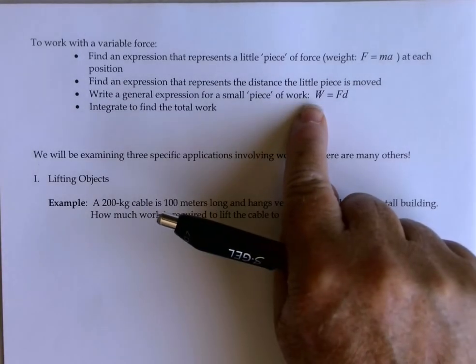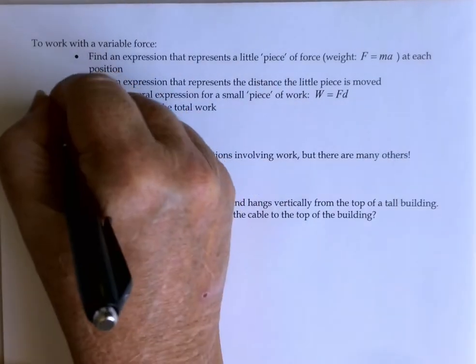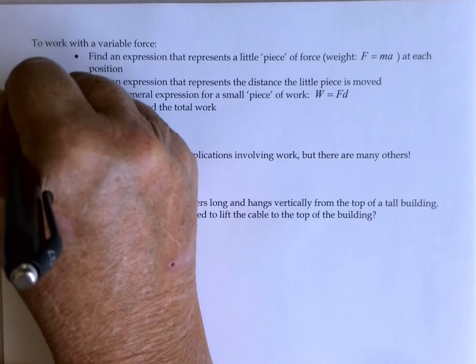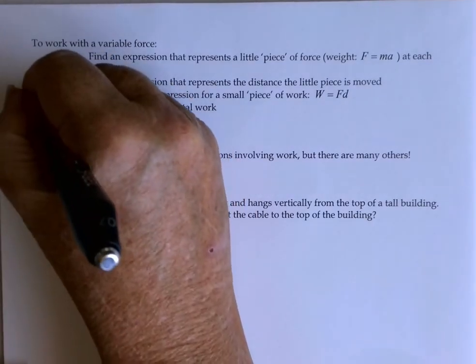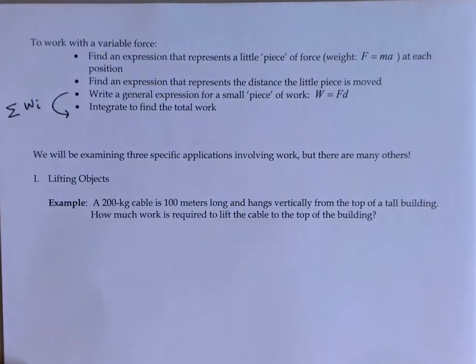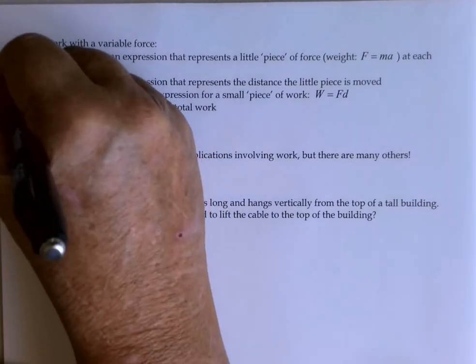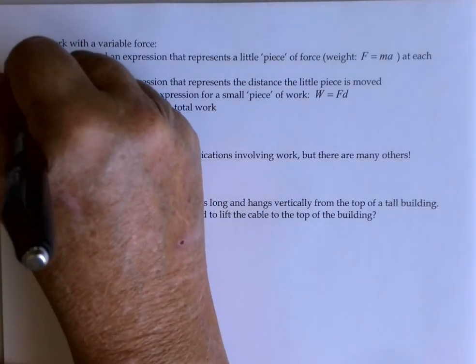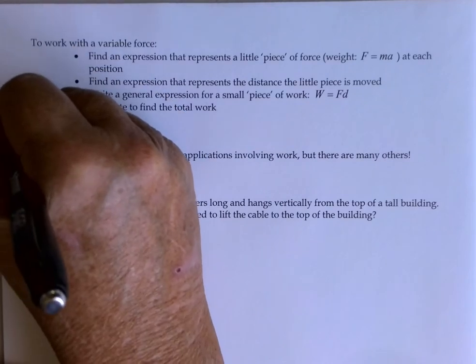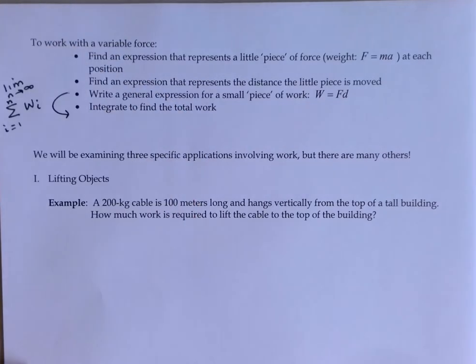Now in general, we'd have to add up all of the little pieces, but we've seen this over and over, right? If you're going to add up all of the little pieces, sum up all the little pieces of work, I'll call them W sub i, and then take the limit as the number of pieces goes to infinity. i goes from 1 to n here.